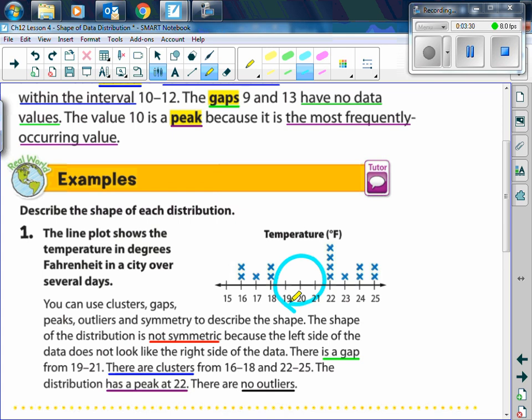And there are clusters. There are clusters from 16 to 18 and from 22 to 25. Okay? It has a peak at 22. That's the mode. It's where you have the highest column. And you can see there are no outliers. Does everybody see that? And that's how you describe the distribution.